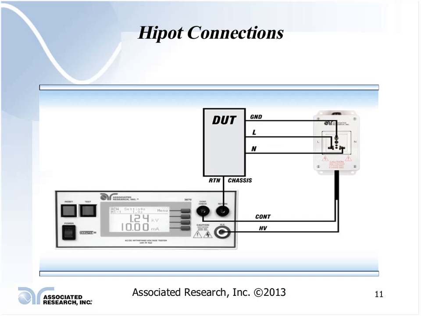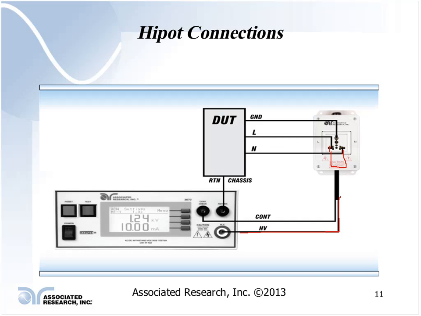Okay. This is showing a photograph of one of our Hipot 3 category of instruments, and it shows the connection using one of our adapter boxes. The high voltage comes out and goes into the adapter box, where the line and neutral circuits are tied together internally.